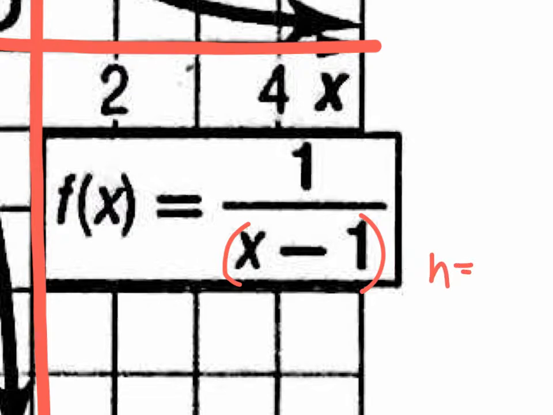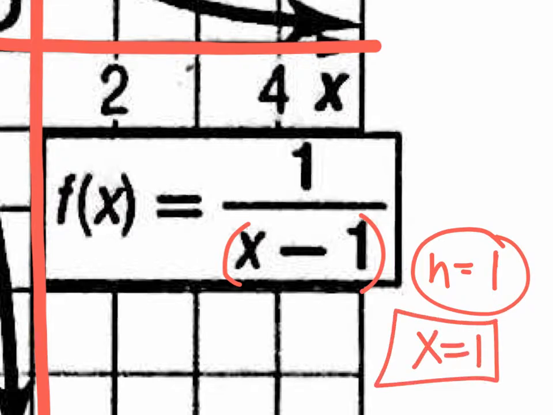Hint, what's the opposite of minus 1? 1, or positive 1, that's right. So the h value is 1, and that is your vertical asymptote. Just write it as an equation, x equals 1.